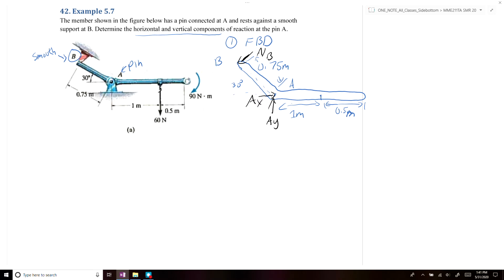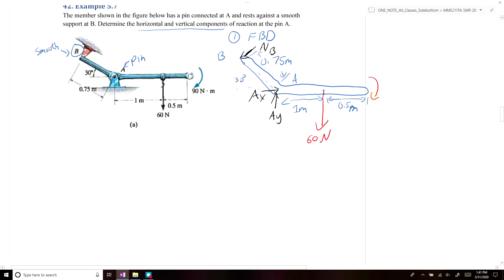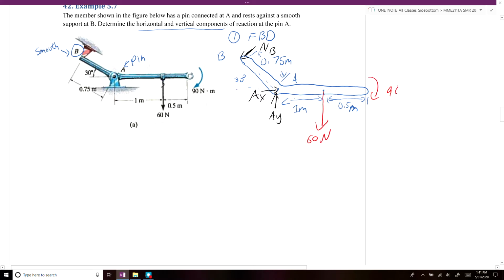Once we have those unknown forces drawn, we have to draw any applied forces that are part of the system. So we have a 60 Newton force applied 1 meter away from point A, and we have a clockwise couple moment of 90 Newton meters acting 1 meter away as well.